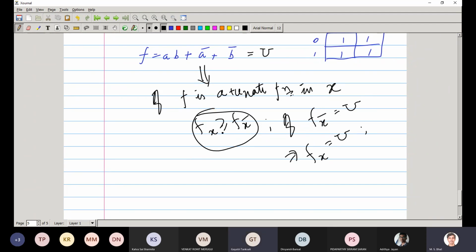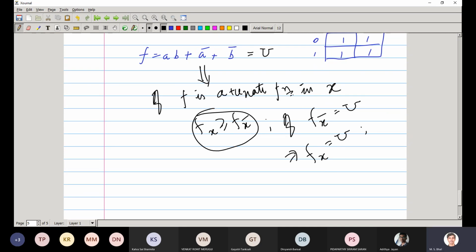So we will be reducing some computation of finding whether fx is a universal function. If fx bar is a universal function and f is positive unate in x, I need not compute this at all. I can straight away say that fx is a universal function just by looking at this.